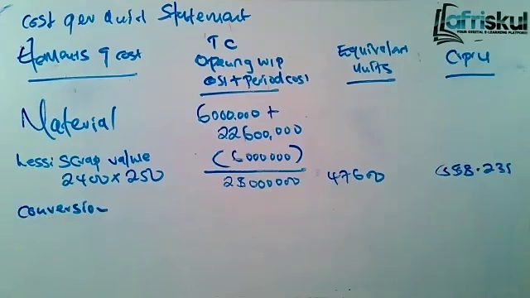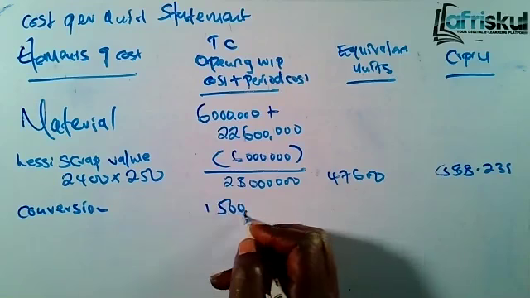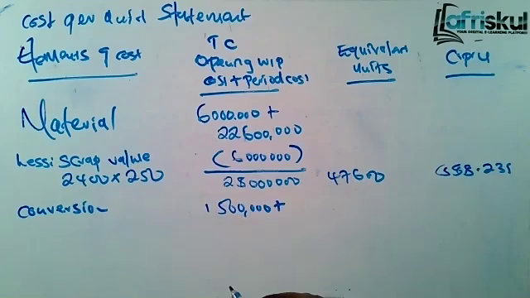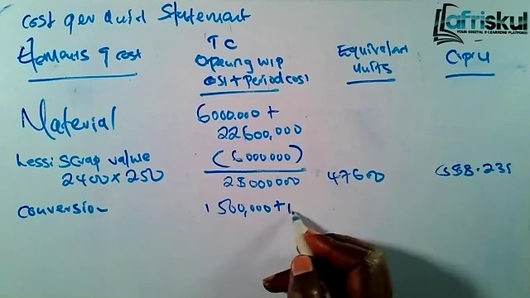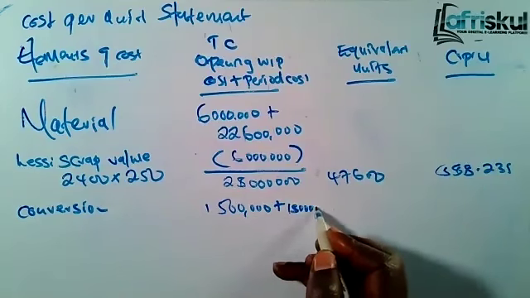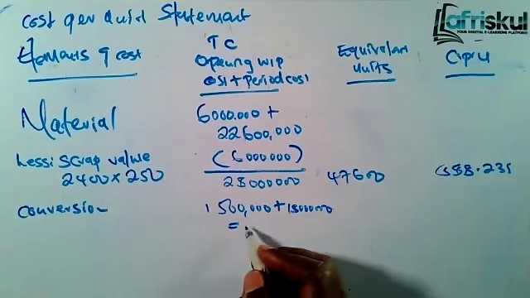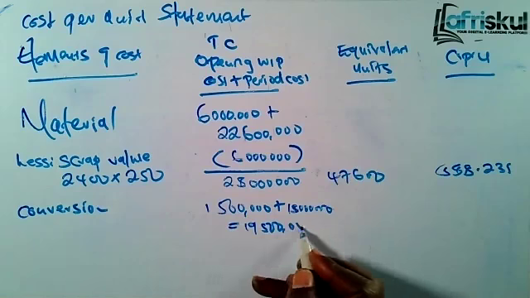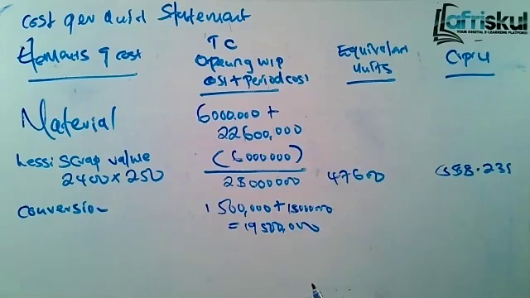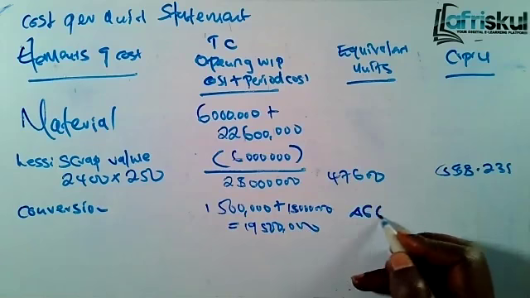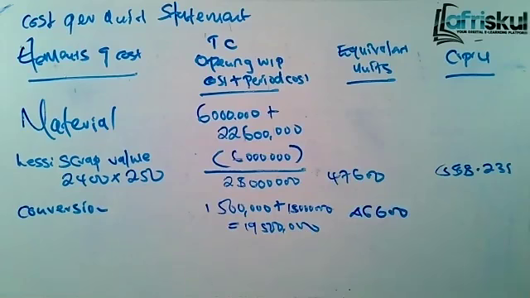Conversion, that is the second item. The opening WIP conversion cost was 1,500,000. You take 1,500,000 plus the current period, which is 18 million. The total will be 19,500,000. The equivalent units are 46,600.